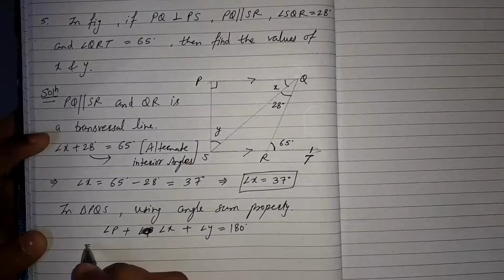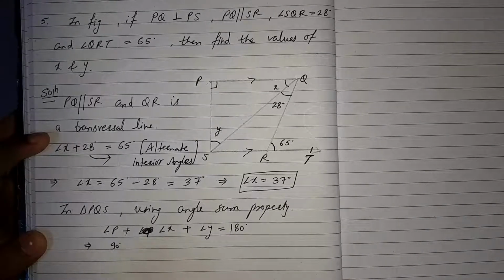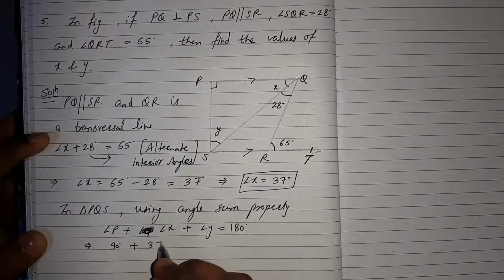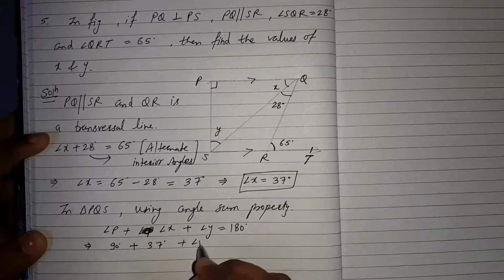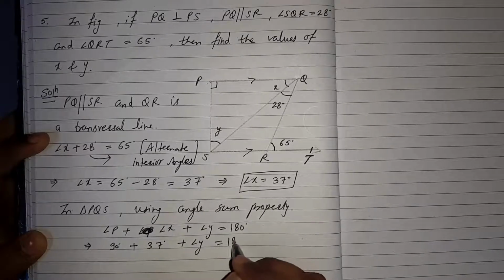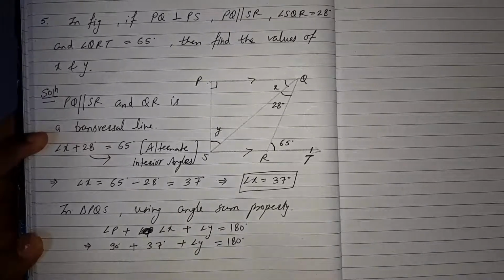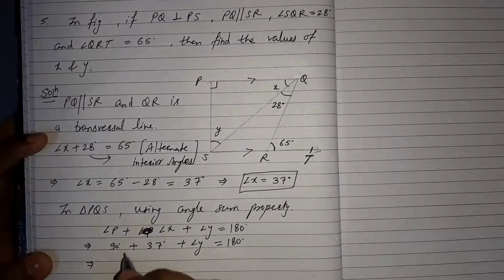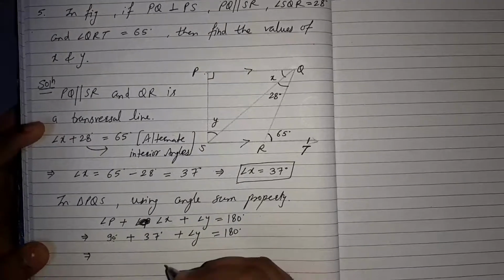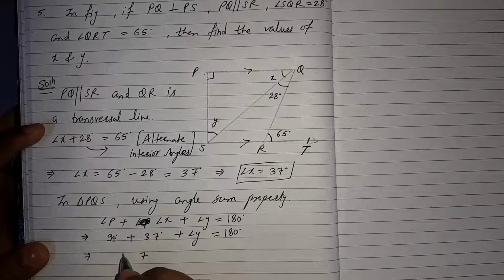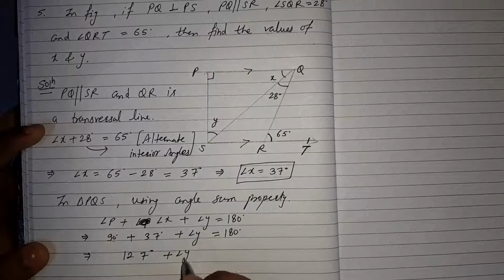Now angle P is 90 degrees, angle x we have calculated, so put this value here, it will be 37, and angle y we have to find out, and it is equal to 180 degrees. Now 90 plus 37 will be 127 degrees, plus angle y is equal to 180 degrees.